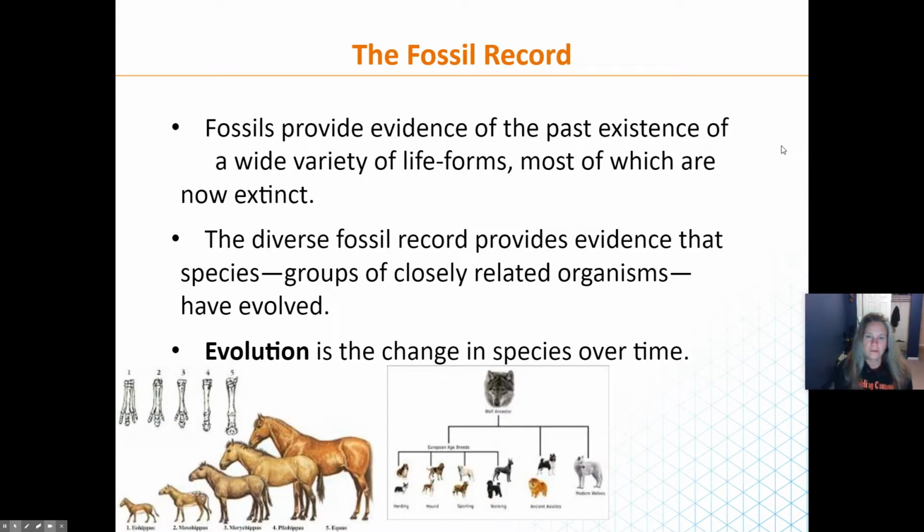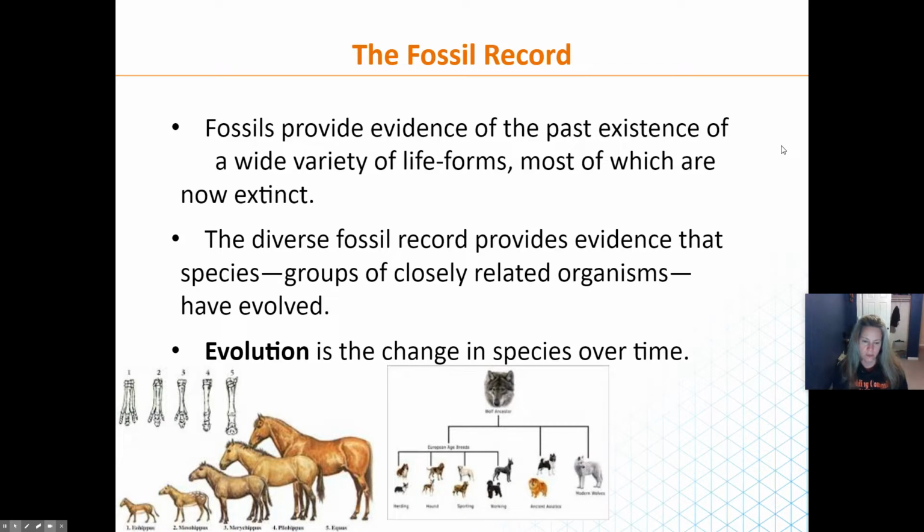All right, so if we look at the fossil record, fossils tell us what has existed in the past, and it also helps us link what is present today. So there's a big array of fossils that we find, and it shows us how evolution has occurred. So we can see here the horse on the left, and the horse has evolved, especially after the dinosaurs became extinct.